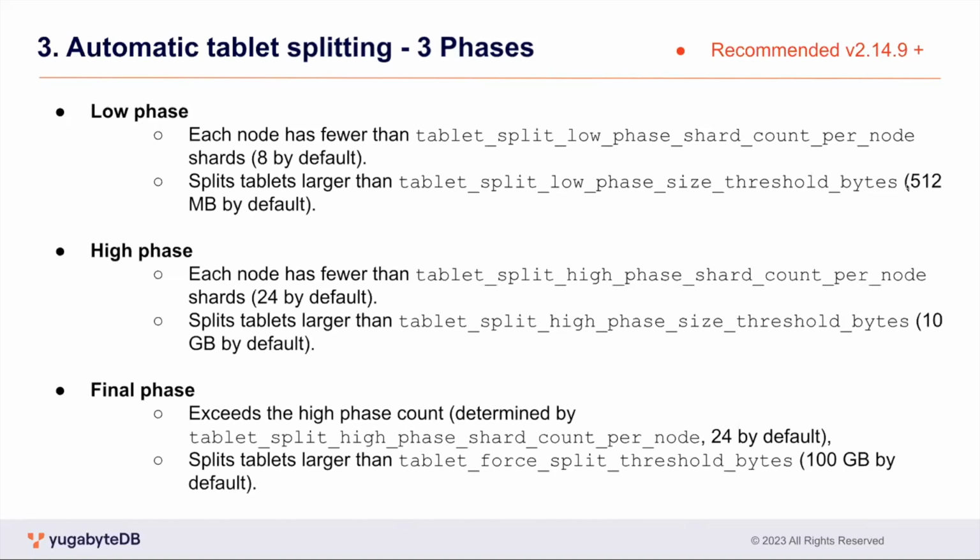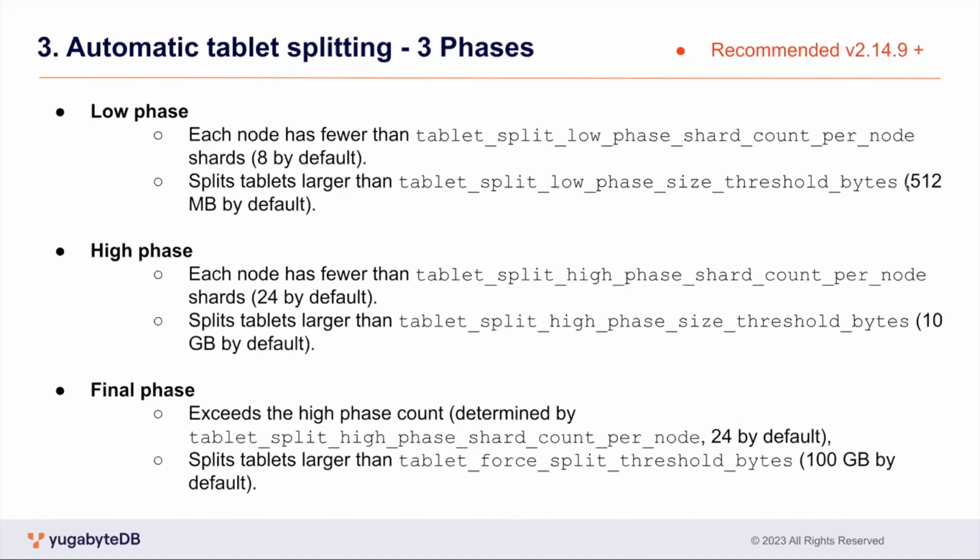Then the next step is what we call the high phase, which is set by this flag, tablet split high phase, by default 24. So between 8 and 24. If you have more than 8 tablets, that means this table has split more than 8 times, then you will go to this phase.